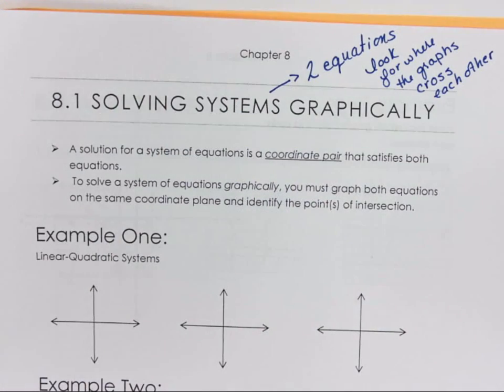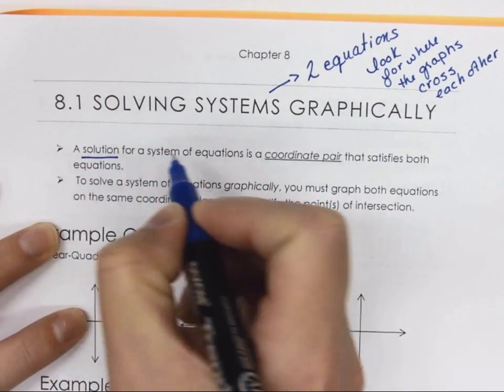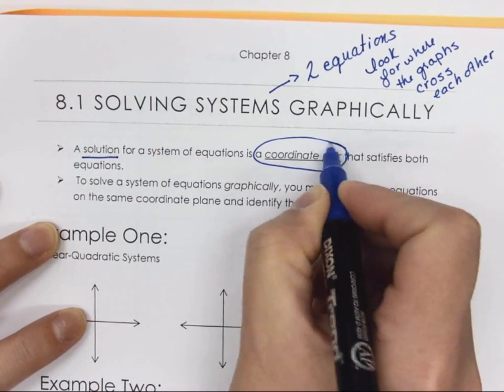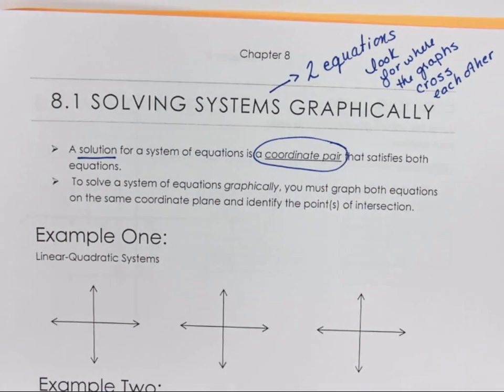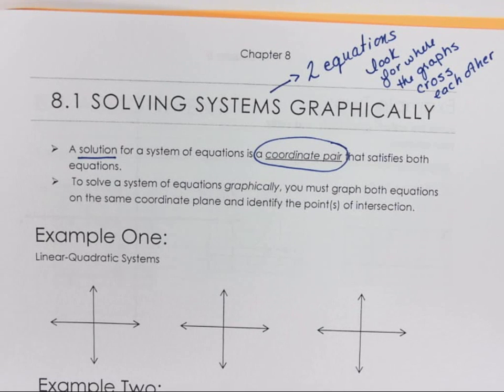Just like our invariant points that we just did, the solution for a system is a coordinate pair, because we're looking for where the two graphs end up intersecting. An intercept is where you cross an axis, and intersect is where they cross each other.